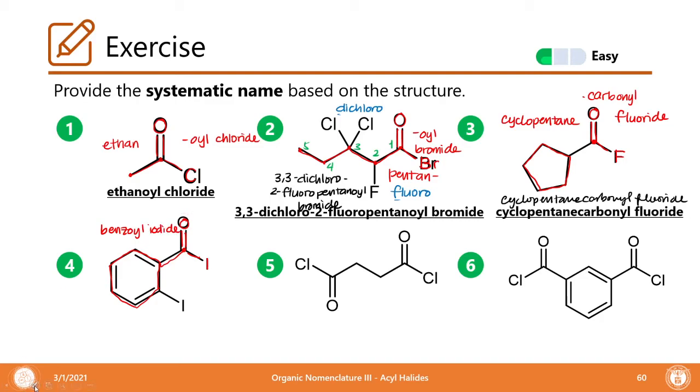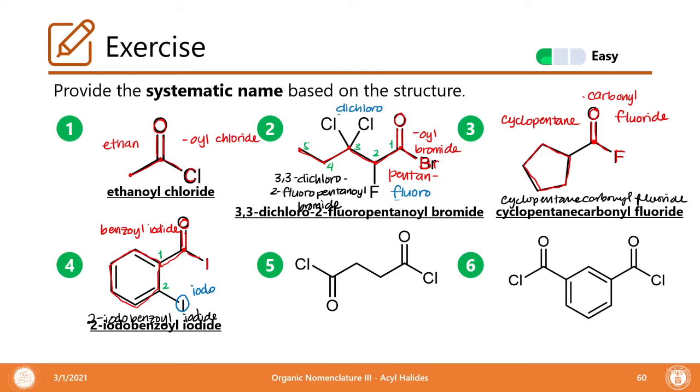If we do locant numbering, set number 1 here, number 2 here, we have a substituent iodo at position 2 of our benzoyl iodide. So 2-iodobenzoyl iodide.